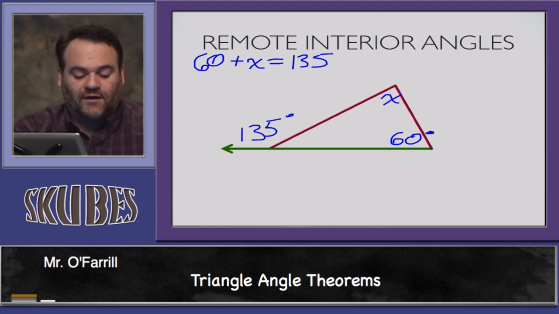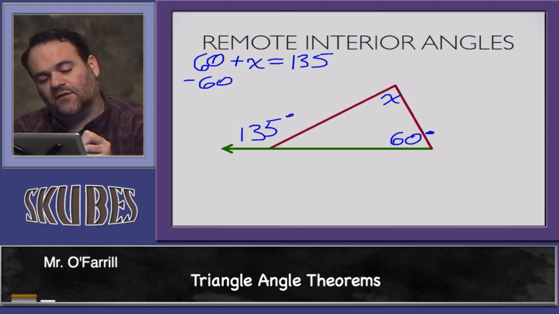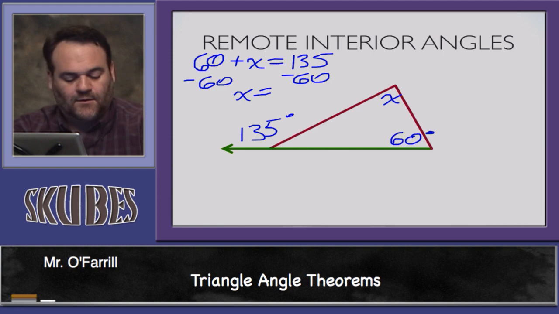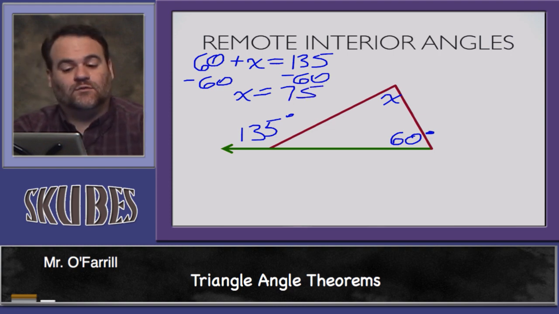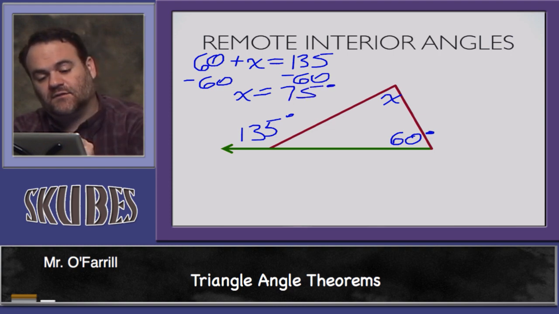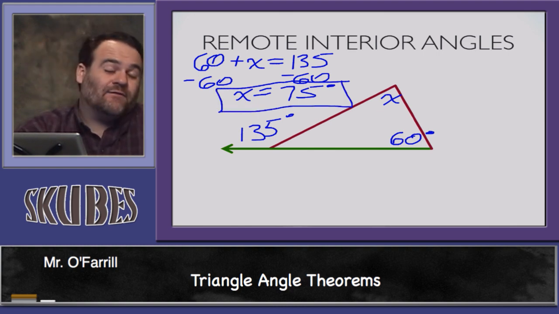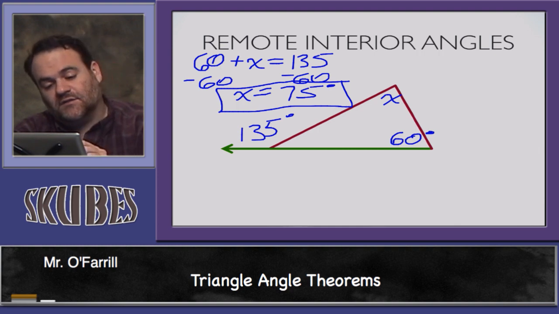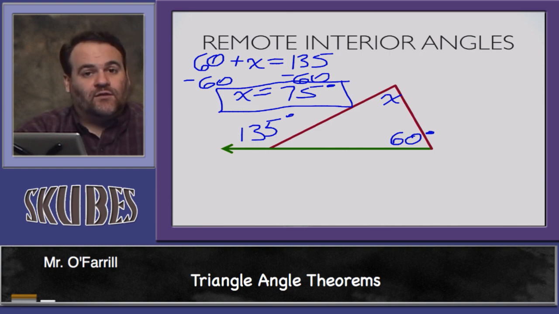This time we do have a little bit of algebra we need to work out. We subtract 60 from both sides. 135 minus 60 is 75. So what we're saying is that x equals 75 degrees. And if you want to check it, we can see 75 plus 60 is 135. And that is how you apply the remote interior angle theorem.